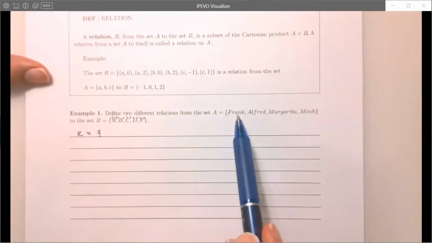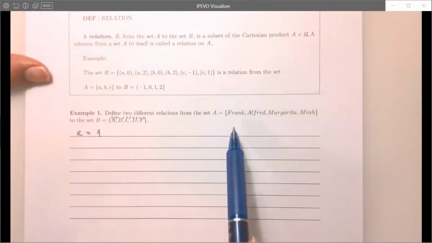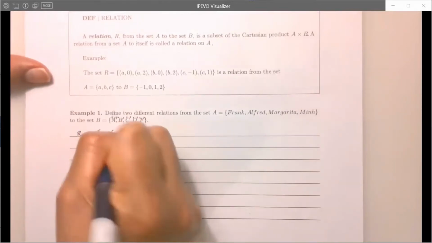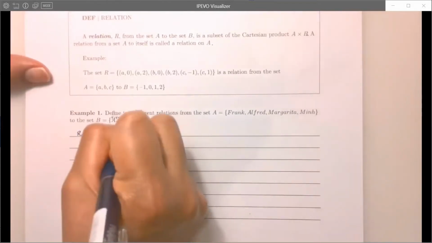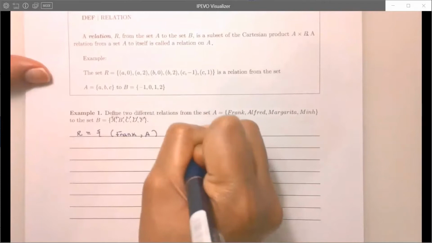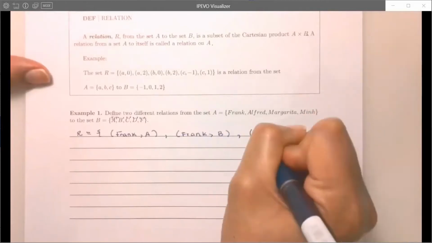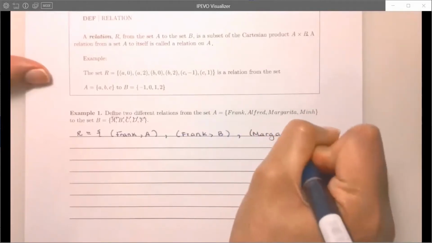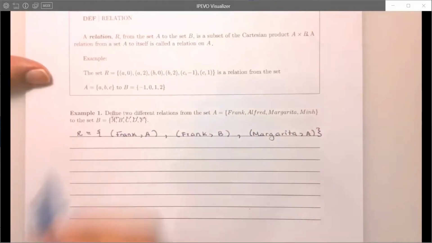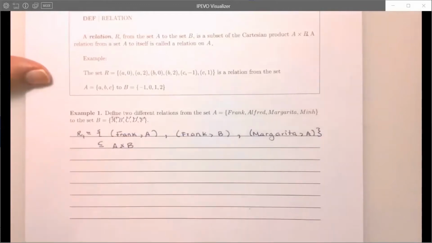The cross product would have all possible combinations between elements in A and elements in B, where the first element comes from A and the second element comes from B. So I could, for instance, just take a couple of ordered pairs, maybe Frank paired with A, Frank paired with B, and one more, Margarita paired with A. That is a relation from the set A to the set B because it is a subset of A cross B. I'll label that R1.